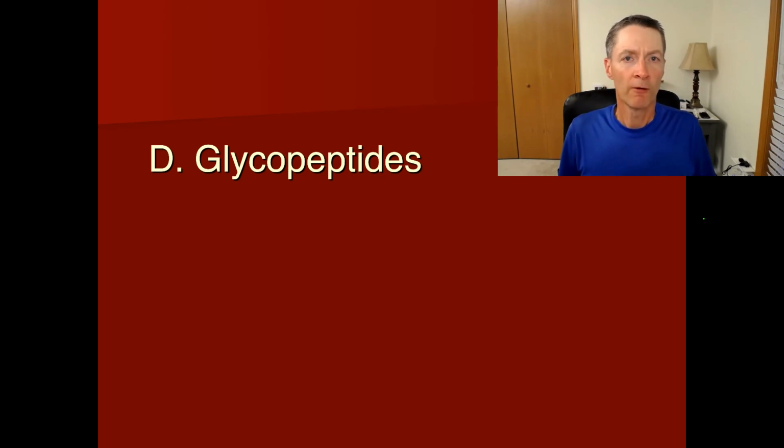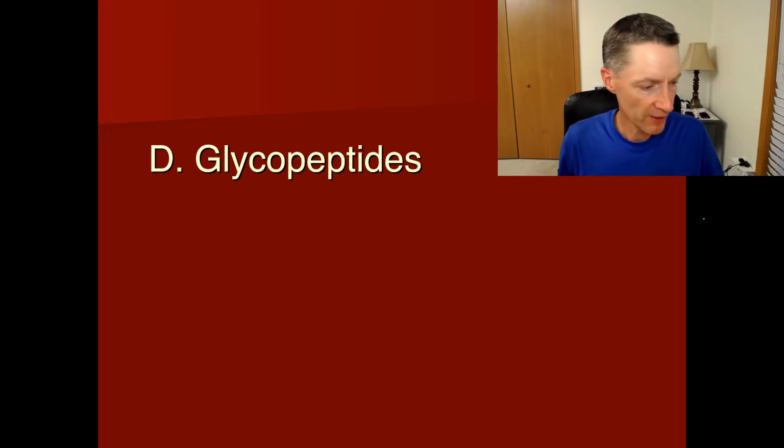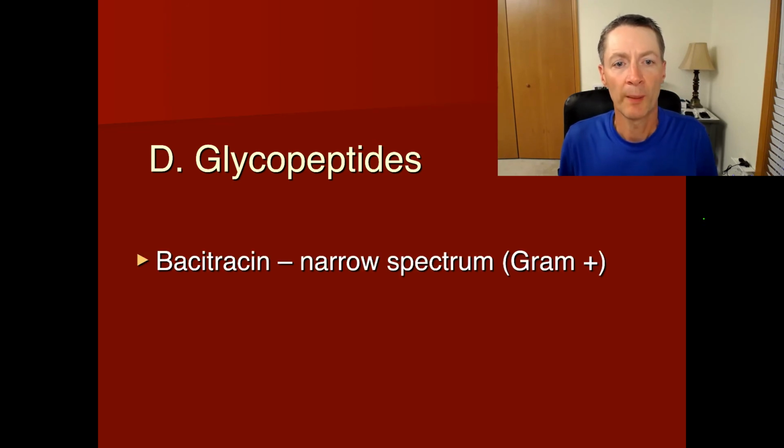Okay, a fourth subgroup. So we've got penicillin family, carbapenems, the cephalosporins, right? Now we have the glycopeptide group. Now this contains an example known as bacitracin, and I said I'd visit this again later.